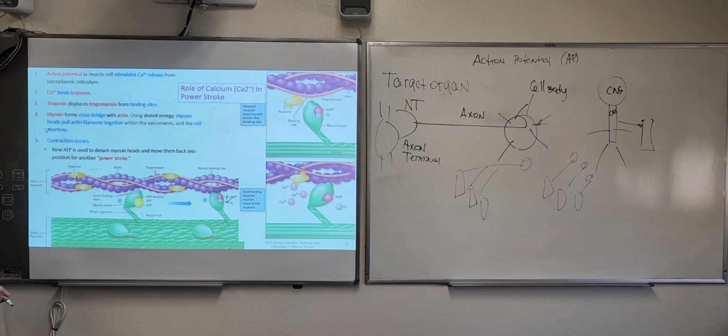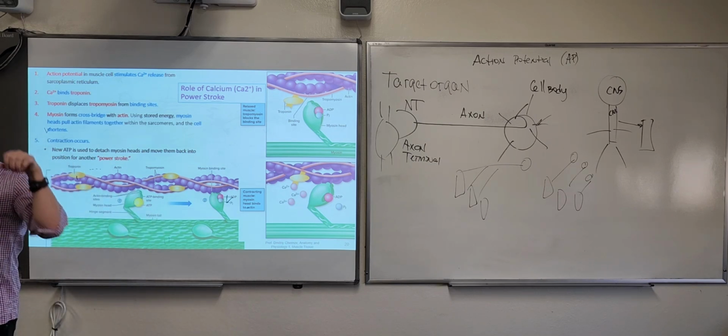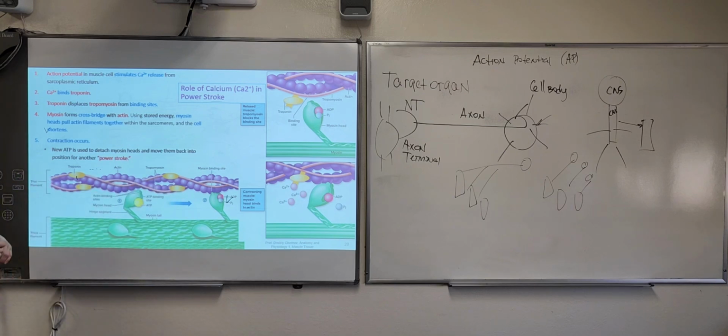The tropomyosin slides off, and these heads create the cross bridge with the active side. And the power stroke, this bending, will happen. So this is the excitation-coupling, or the power stroke mechanism.